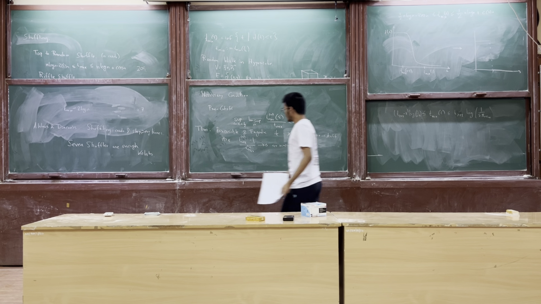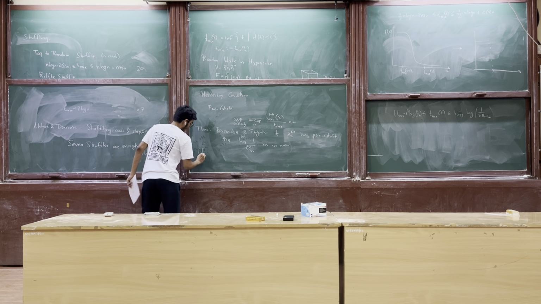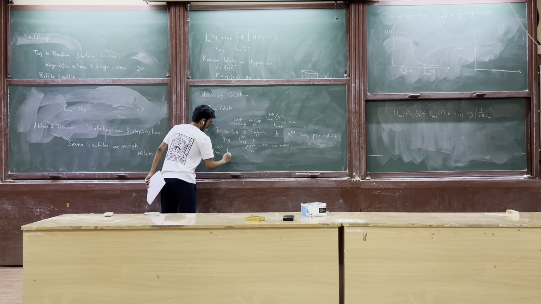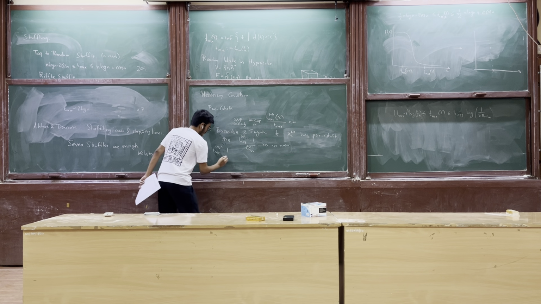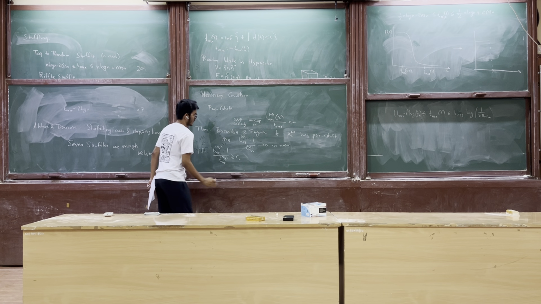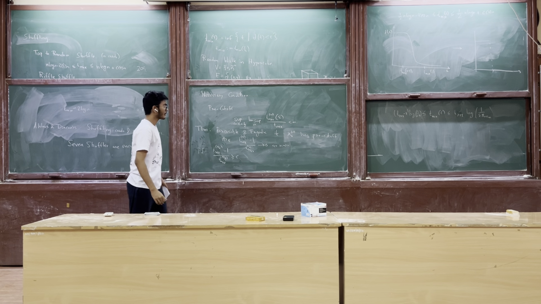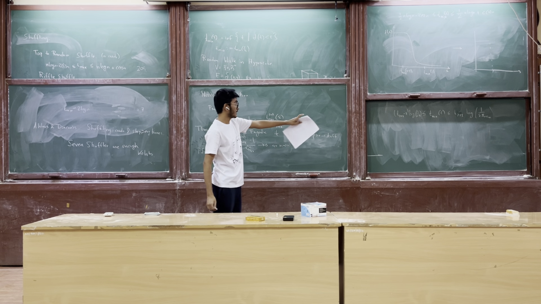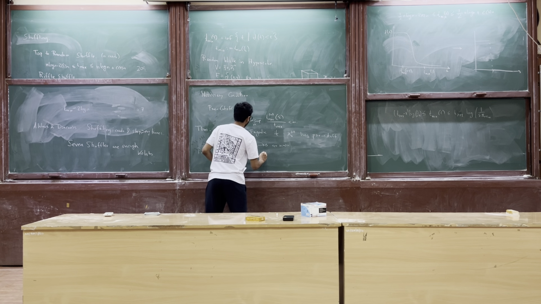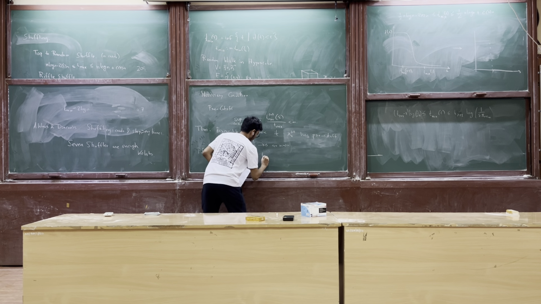Let us come to the proof, and it's very simple. Assume that it doesn't happen, that this condition doesn't hold. Then you will get a subsequence where this is bounded by some constants. Now you use this lower bound. If you use the lower bound, then you get this.